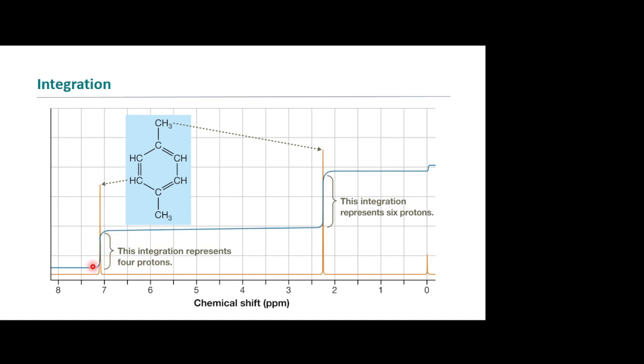And so we would measure this. This one actually represents 4 protons right here. And so this peak here is from 4 of the protons. This one right here then represents 6. Okay. And you can see here this one probably is the TMS right here. Okay. Anybody have any questions about that?